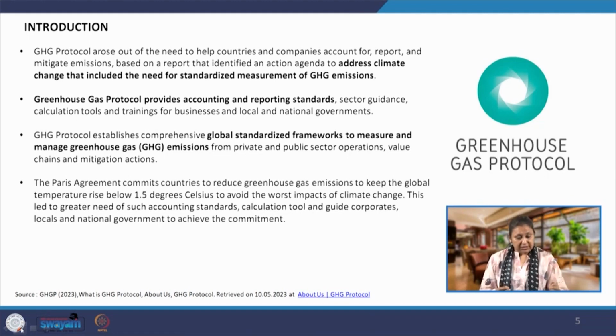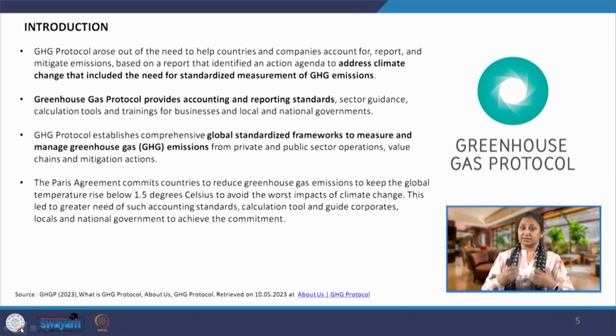The GHG protocol actually emerged on the basis of a report which identified an action agenda to address climate change, and that required standardization of GHG emissions. The world came together to agree that we have to reduce greenhouse gas emissions and reduce the carbon footprint, but how do we do it? How do we measure it?